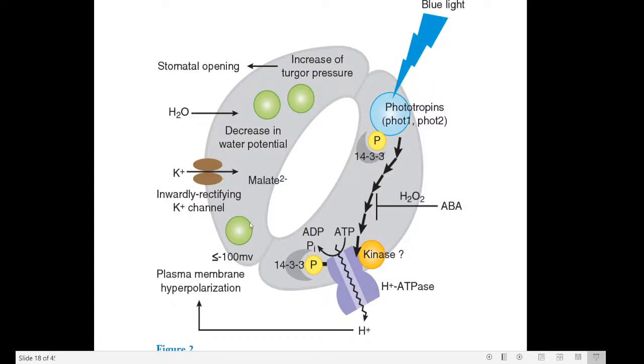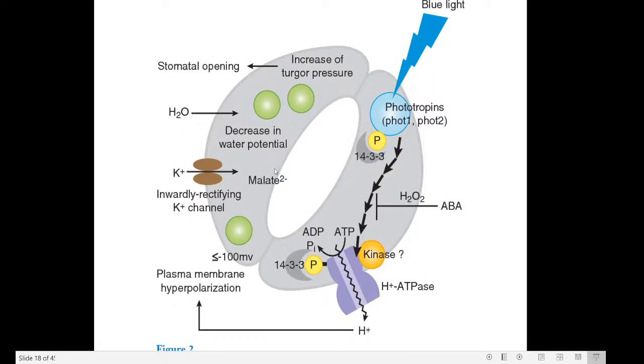The water is there, so it needs to decrease the water potential, and it's receiving the K plus ions. So the membrane potential is minus 100 millivolt. This H plus ion transfer makes the plasma membrane hyperpolarization effect. Now it's a sequential process, you may understand.